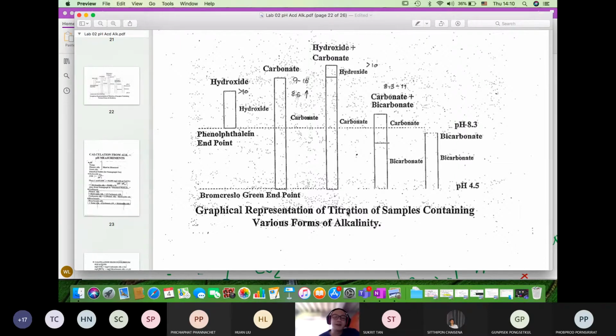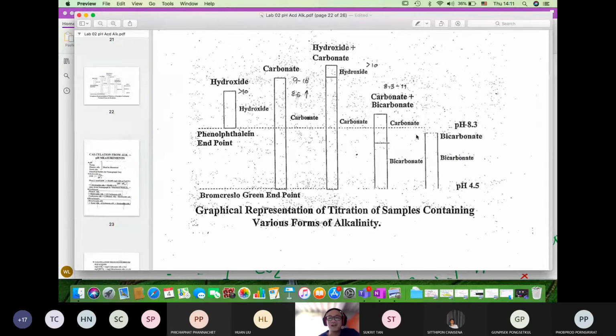So alkalinity essentially consists of two types. Type 1 we call the total alkalinity. If the pH of the sample is between 4.5 and 8.3, we can measure the total alkalinity. If it's even ranging from 4.5 to 14, we can also measure the total alkalinity.